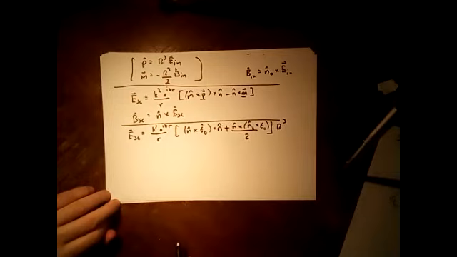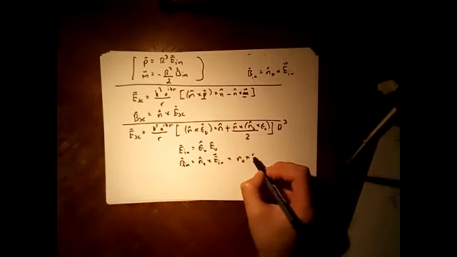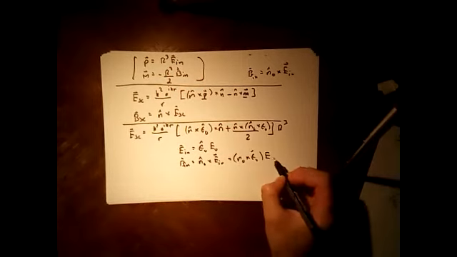So what I was using here is two things: that the incident wave is some polarization times E0, and that the incident magnetic field is n0 cross E incident. So this is, of course, n0 cross epsilon 0 times E0.